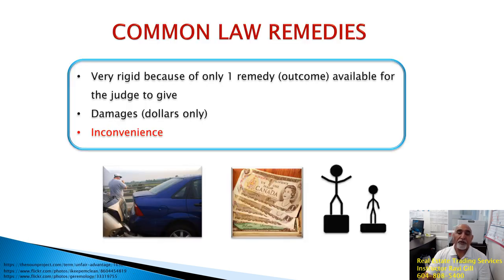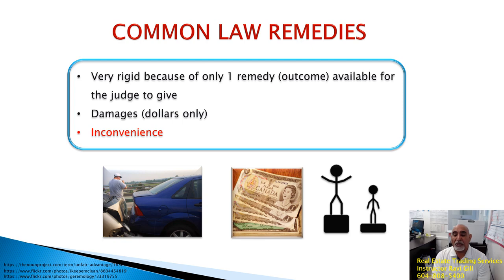Okay, so common law, very rigid. The reason why the judges found it very rigid is because after the judges had decided who was the guilty person and who was the innocent person, there was only one remedy or one outcome that the judge could give, and that was money.